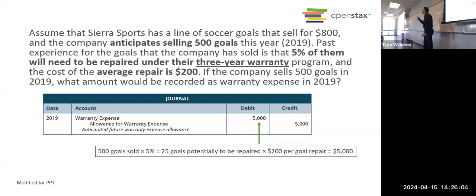And looking back at their past sales, they find about 5% of them have to be repaired. I don't know why. Maybe they're not using very good material or something. But if that's the case, and the average repair is $200, and they offer a 3-year warranty, well, now they can calculate the estimated cost for the warranty.